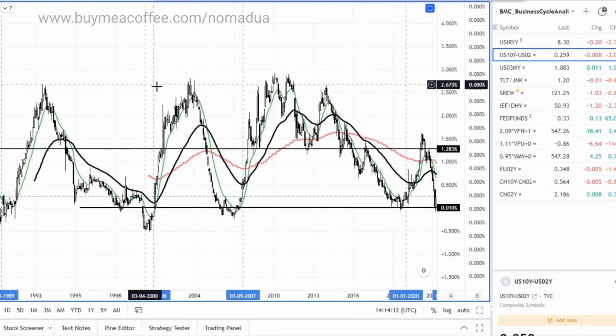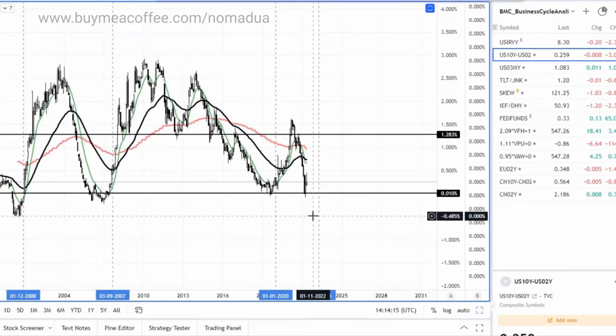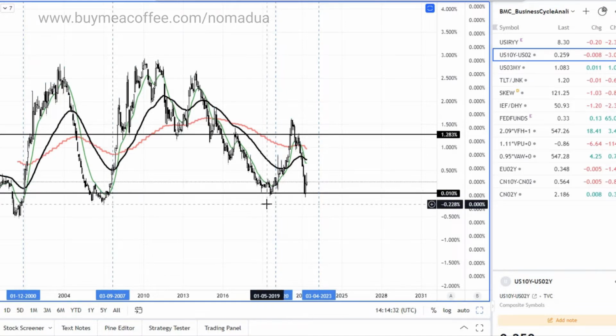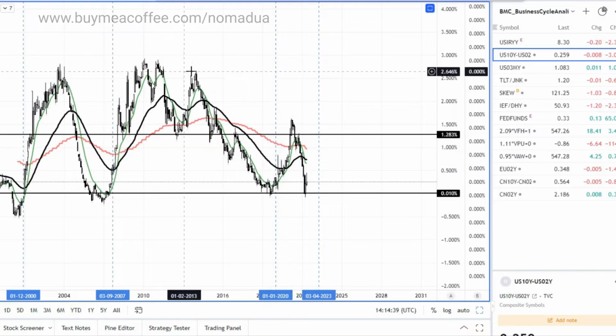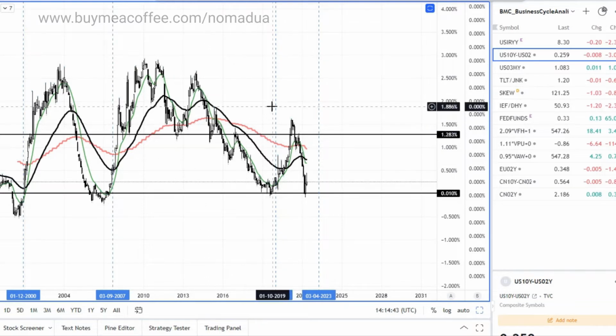So it's a pretty good indication that we will soon get a recession. And usually when you get a flattening curve or inversion of the yield curve, you are in the late cycle. So according to the yield curve, we are in late cycle.